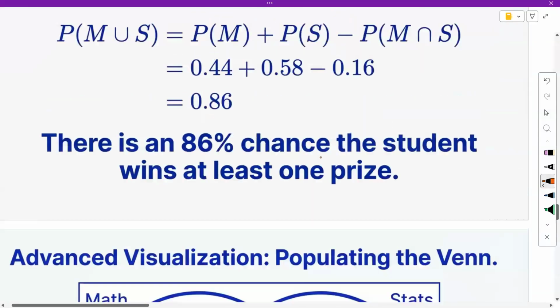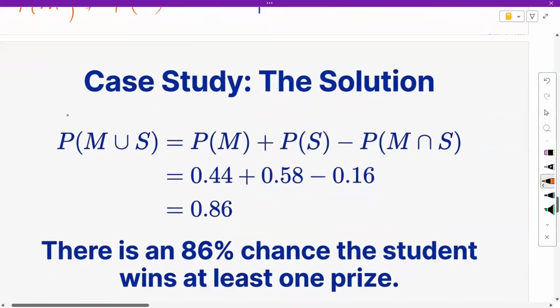You see, probability of getting maths prize and statistics prize: here probability of maths 44, probability of statistics 58. Therefore, deduct the common area, the probability of getting a prize for both subjects, the intersection area.